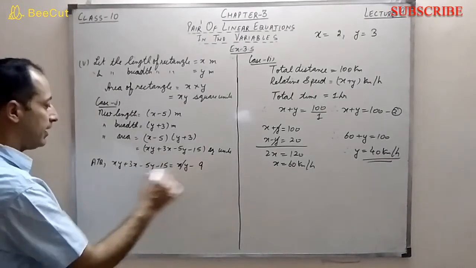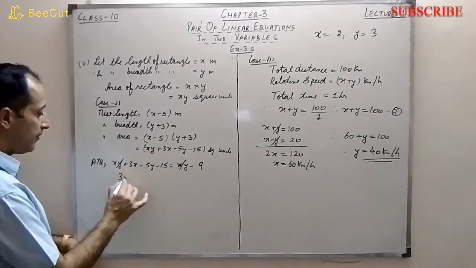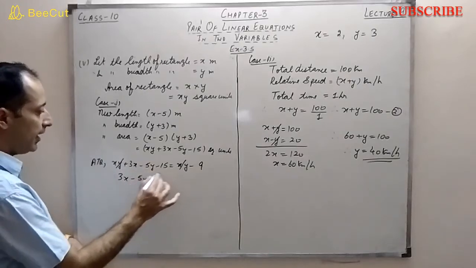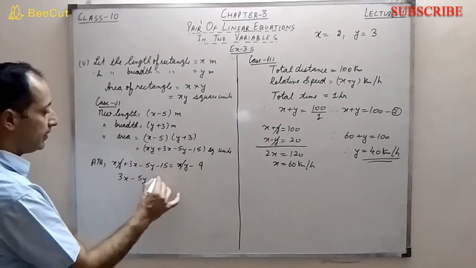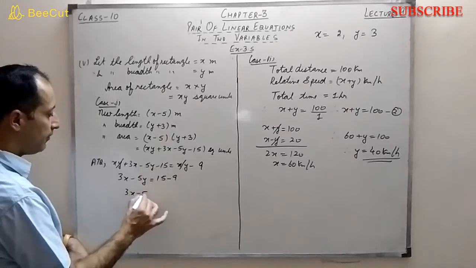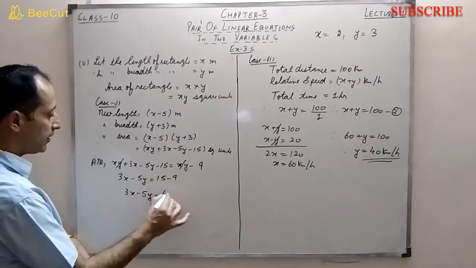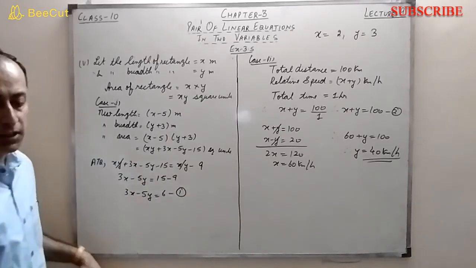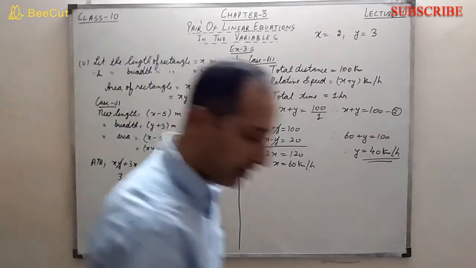Now xy cancels, so I have 3x minus 5y, I shift minus 15 this side, this is 15 minus 9, so I get 3x minus 5y equals 6. So this is my first equation, right? Now let's form the second equation.